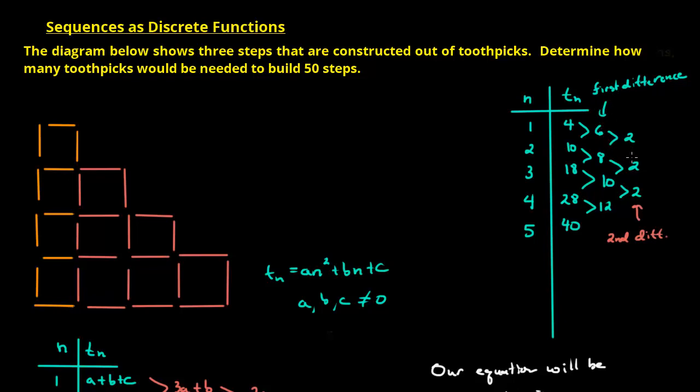If the second differences are constant, the equation is going to have a quadratic dependence on n. If the second differences are not constant, and the third differences are constant, then we know that the equation is going to have a cubic dependence on n. And then we could use that to help us build an equation. So this is a very useful problem-solving strategy.